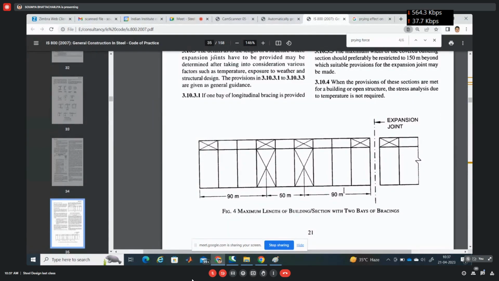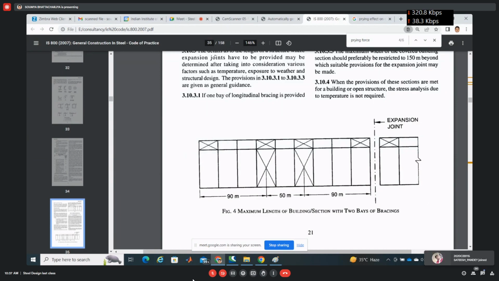But if your building is less than 45 meter in length and is made with RC, then you need not consider any thermal effect, because whatever expansion will happen, it will simply expand and no extra stress will be generated in the open air.